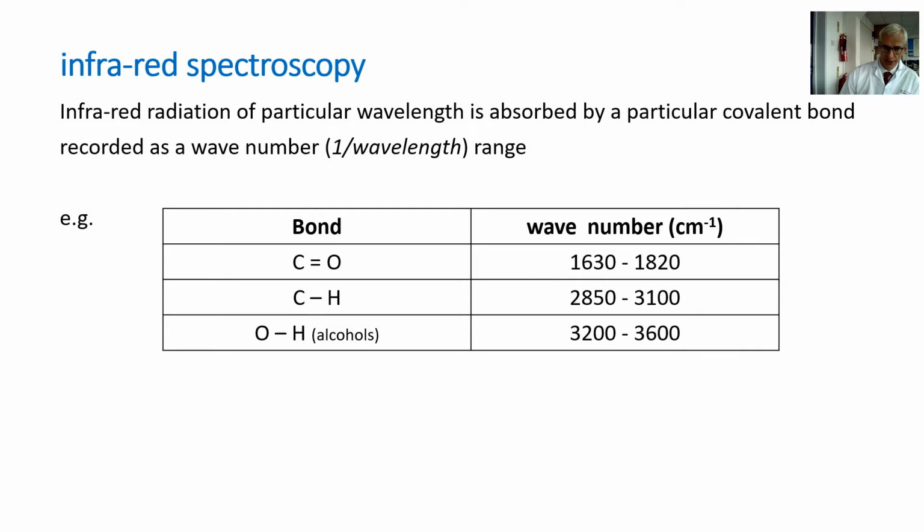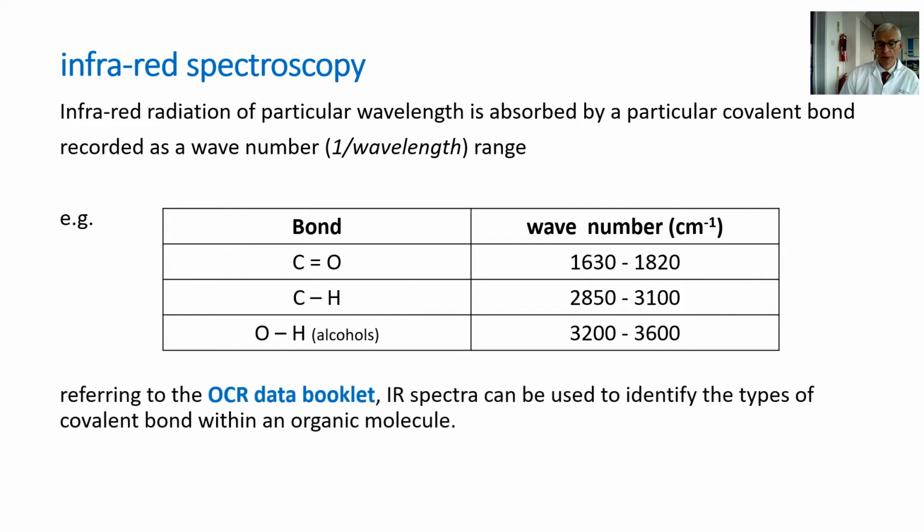So the basic starting point for this interpretation or use of infrared spectroscopy is that if you refer to a data booklet such as the OCR data booklet, then you can use the absorption spectrum for a particular molecule to identify the types of covalent bond within that molecule.